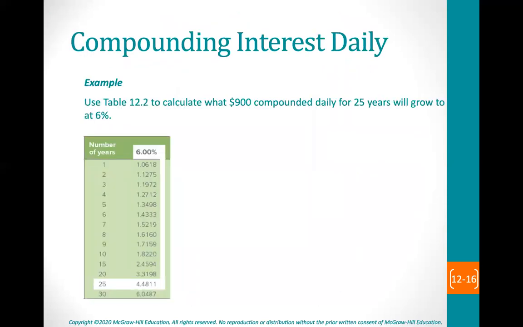So use table 12.2 to calculate what $900 compounded daily for 25 years will grow to at 6%. So we've got to go down to our number of years, which is 25, and at 6%, our table lookup is 4.4811.